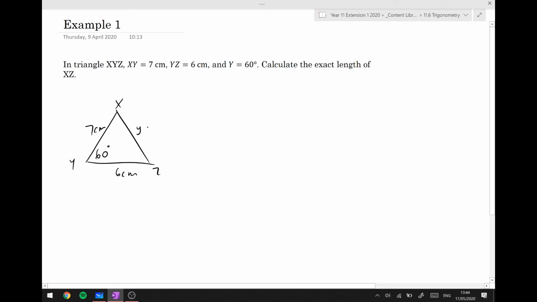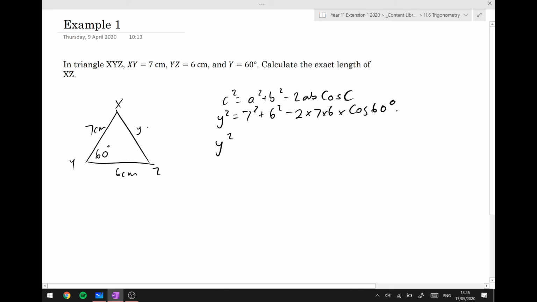Because we've got the 60 degrees here, it's going to be pretty easy. So let's use the cosine rule. c squared is equal to a squared plus b squared minus 2ab cos C. And substitute some values in. So little y squared is equal to, and it doesn't matter which way we put these sides in because the sum of two values is the same regardless of the order, 7 squared plus 6 squared minus 2 times, and again it doesn't matter which way, but I'll do 7 and 6, times cos 60 degrees.